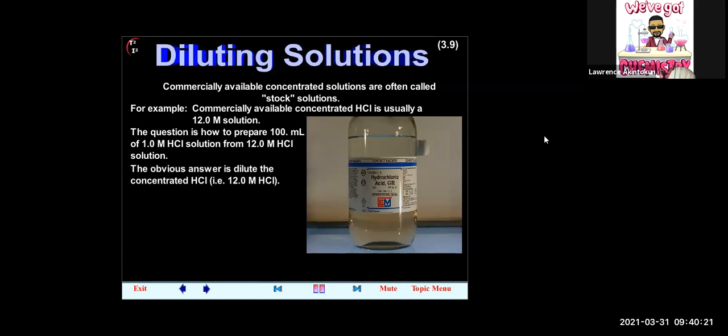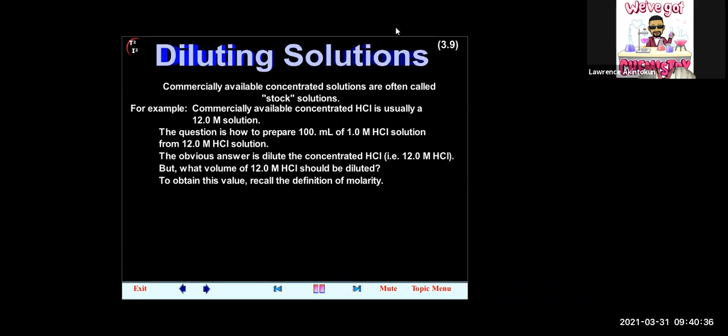The obvious answer is dilute the concentrated HCl, that is 12.0 molar HCl. But what volume of 12.0 molar HCl should be diluted? To obtain this value, recall the definition of molarity.